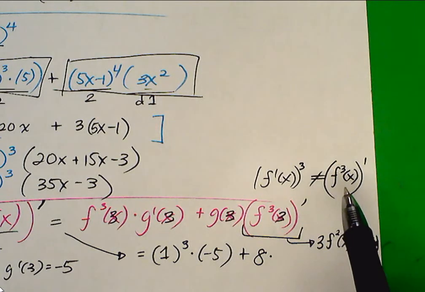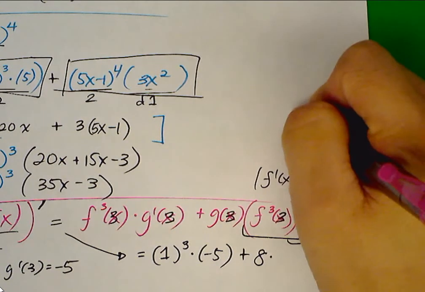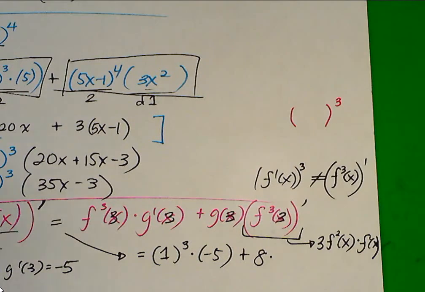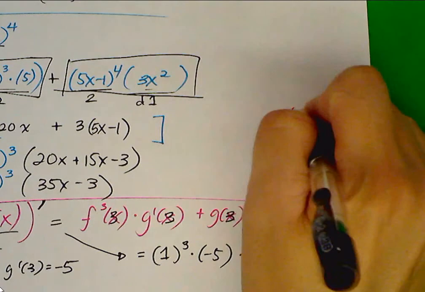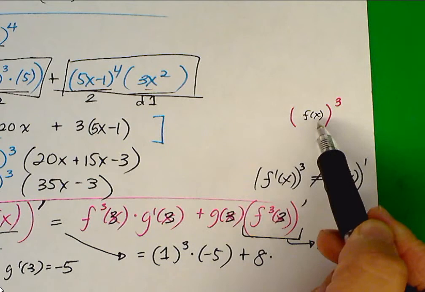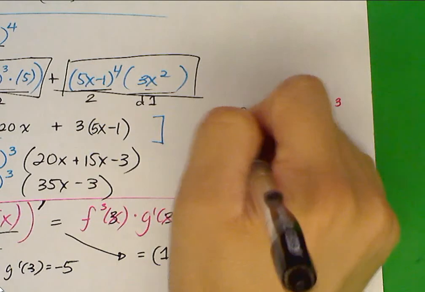Mama is something cubed. And the baby is f of x, and the mama is taking that baby and cubing it. That's what the function is. That's what it means to do f cubed of x, right?